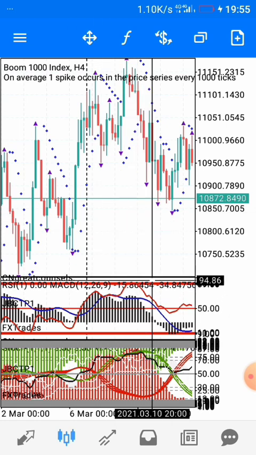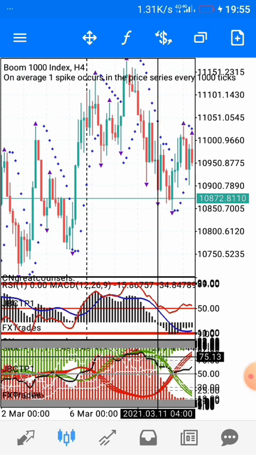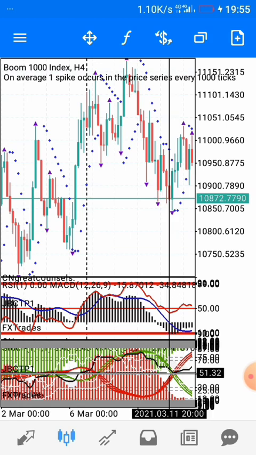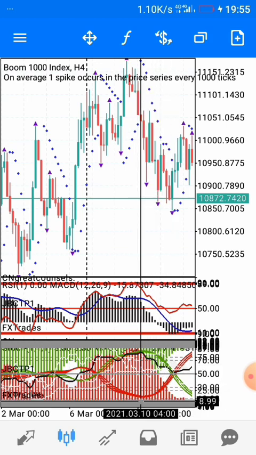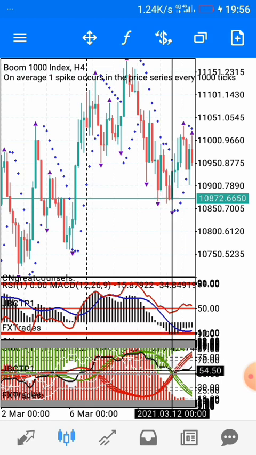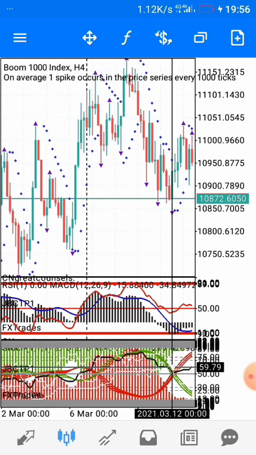Your first take profit is when these green MACD signal lines and the red MACD signal line join together, forming an I shape. This is not eye of God strategy, but it's just my strategy. Okay, when they join, that is your TP.